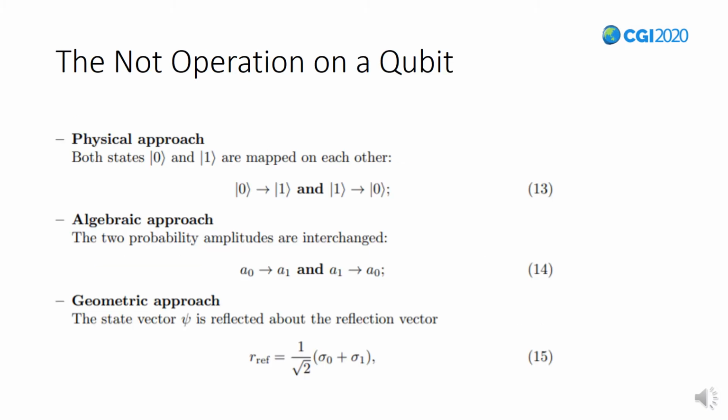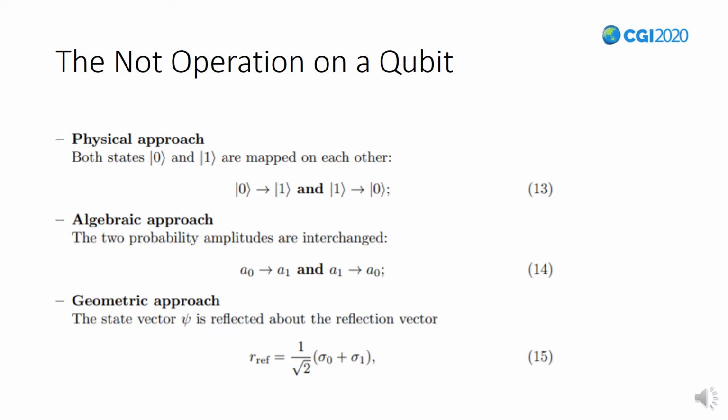Let's come to an operation on a single qubit. The NOT operation is a very simple operation on a qubit. Physically, it means that both states 0 and 1 have to be mapped onto each other, meaning the state 0 to state 1 and the state 1 to the state 0.